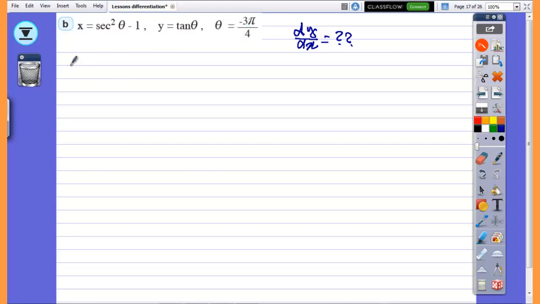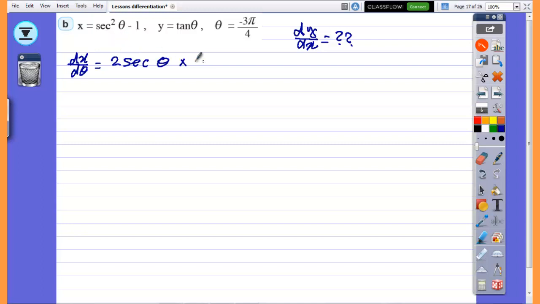First, we calculate dx/d theta, which equals 2 sec theta multiplied by the derivative of sec theta itself.